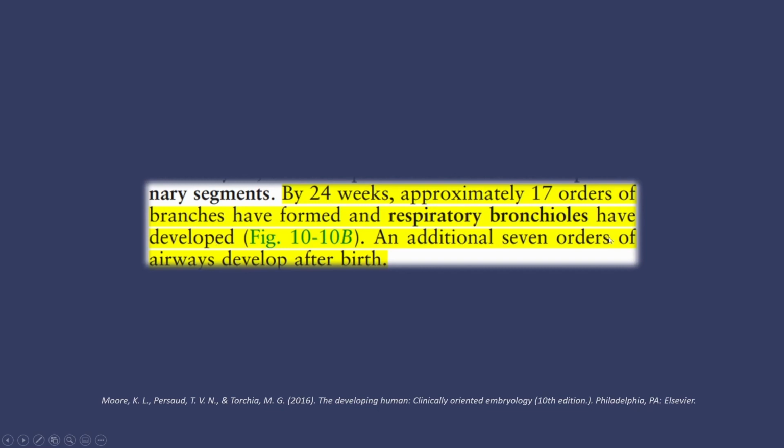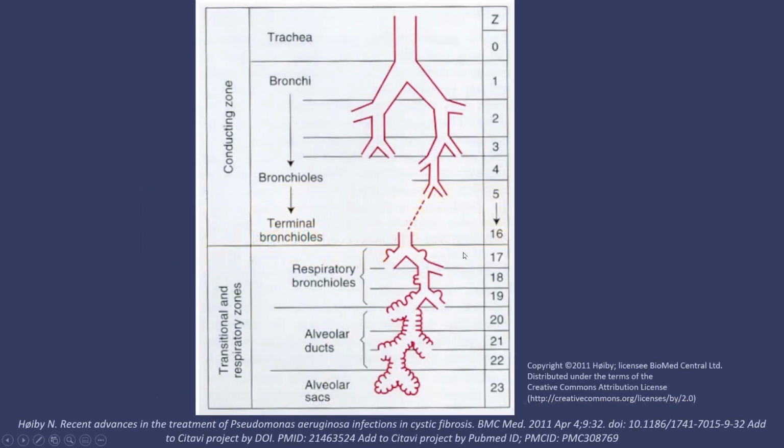An additional 7 orders of airways, so focus on this sentence, an additional 7 orders of airways develop after birth. You know what this statement implies? It means that till birth there is only formation of a few orders of respiratory bronchioles, and almost all of the respiratory zones are formed after birth.